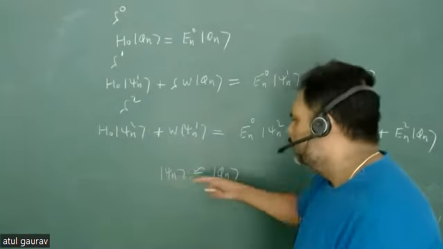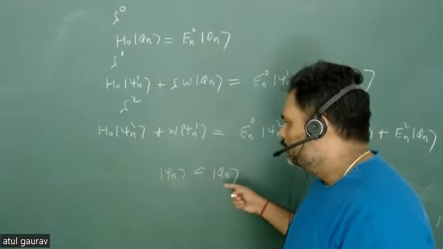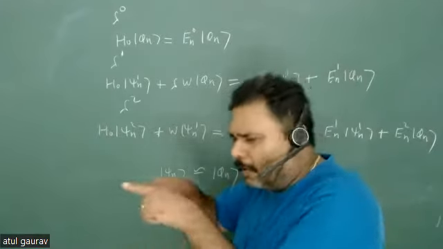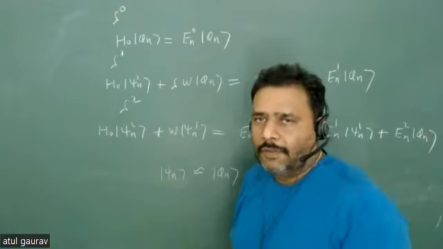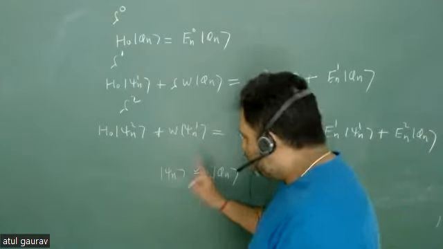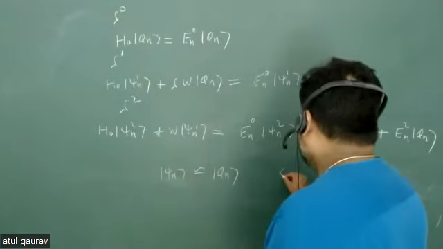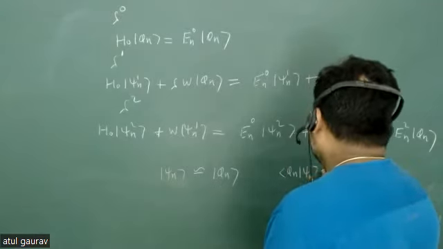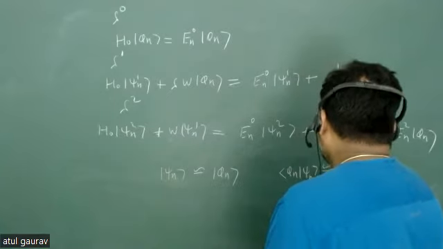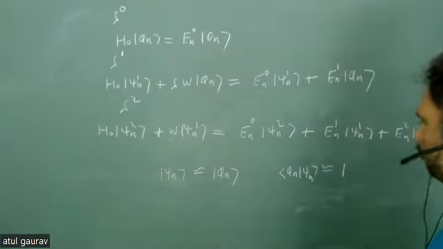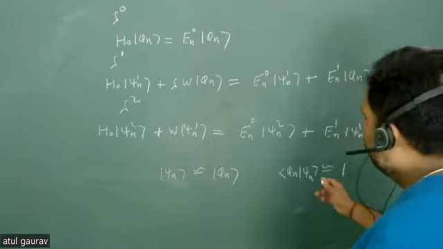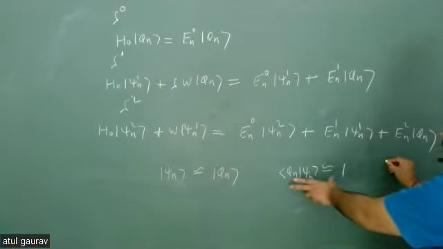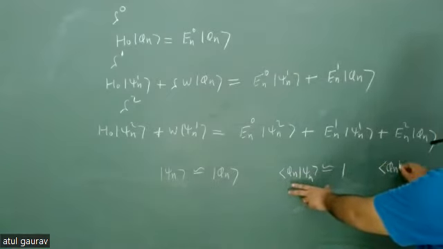Only then it will remain original. Means they are more or less parallel. Now, from here, can I also claim that phi n and psi n inner product will be more or less equal to 1? But don't confuse with this thing. If it is true, you cannot give guarantee that this is also true.